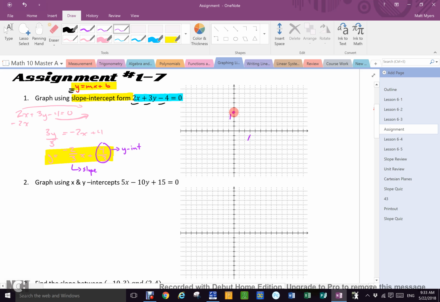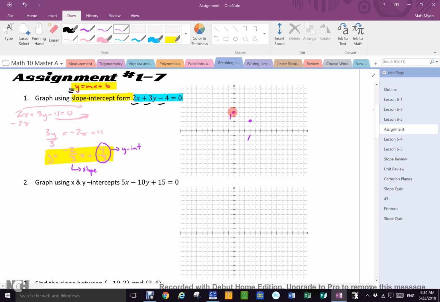So how do I get a negative rise from there? Down how far? 2, and then which over? That way or this way? That way? Which is that way? The other right. No, he's right. Right. 1, 2, 3.